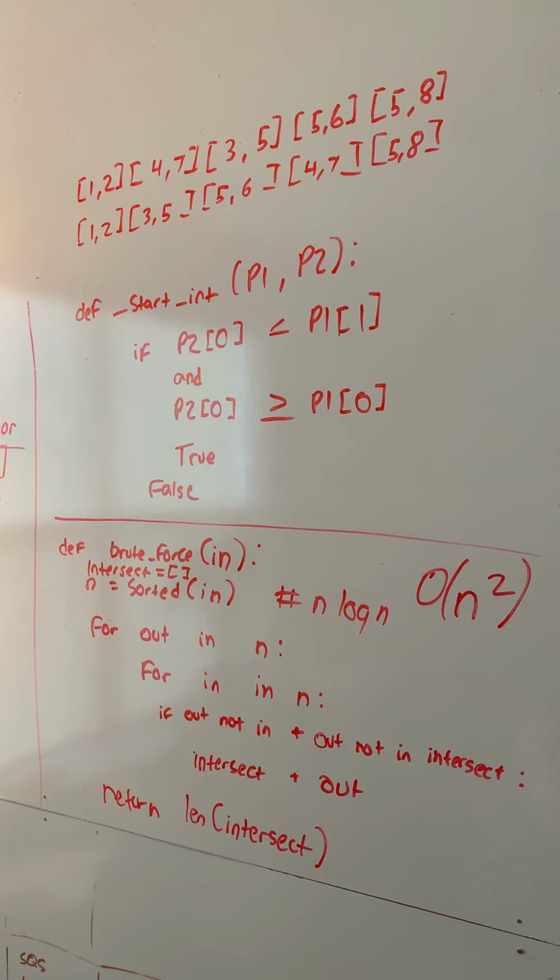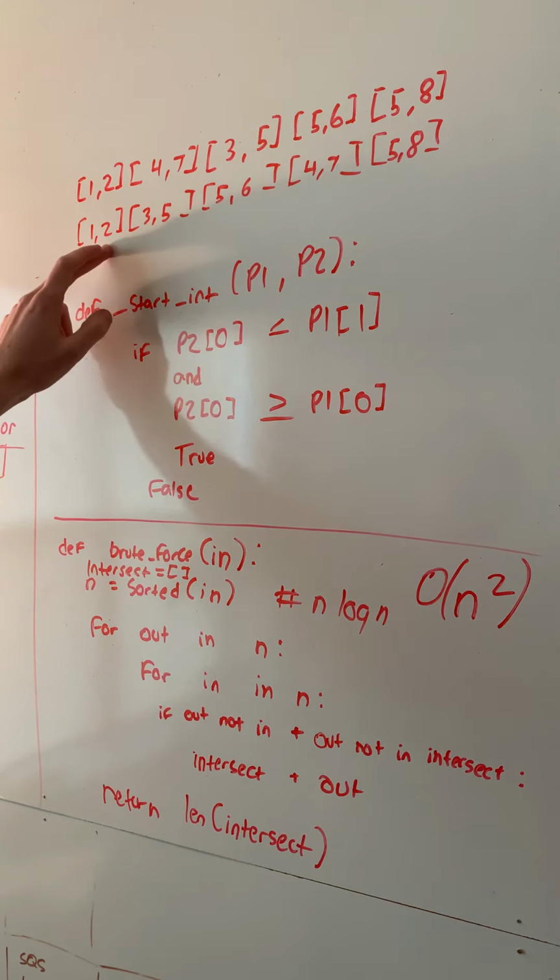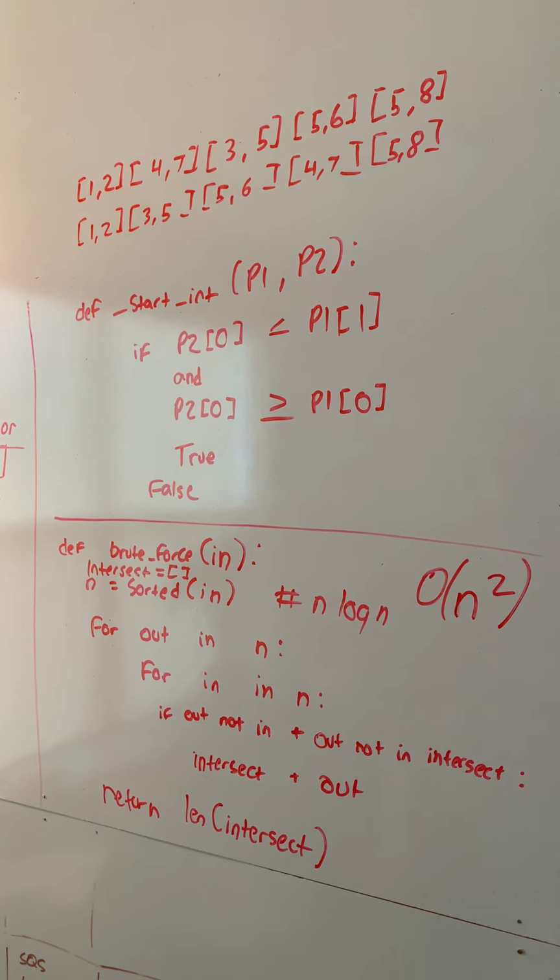So I already have the brute force method laid out here. At the top is a sample input, and right below is the sorted input. And it's sorted based on the second index of each of the lists. In either approach, we need to sort the input first, as the interval that we always want to start with is the interval that has the lowest end point, so its second index.